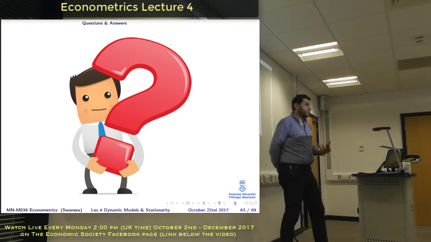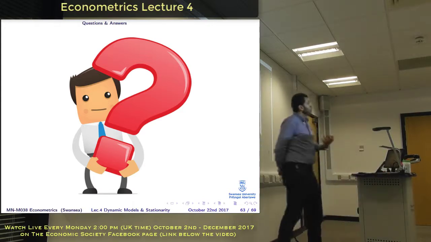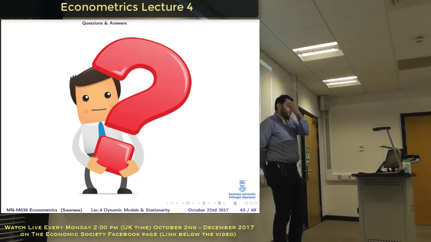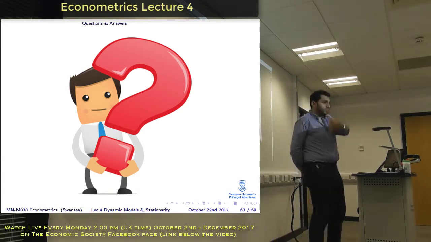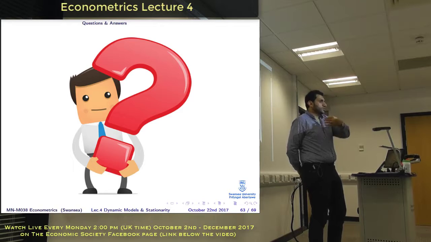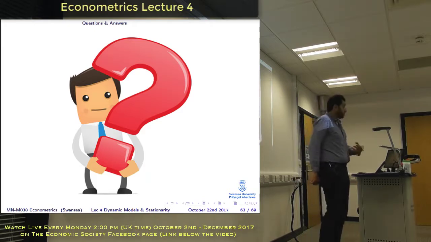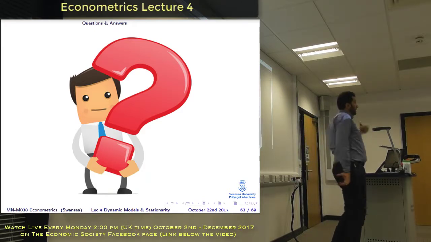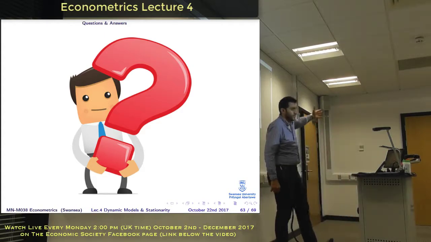A very popular example we discussed is the permanent income hypothesis of Milton Friedman, where consumption expenditure in time t doesn't depend only on disposable income in time t, but also disposable income in time t minus 1, t minus 2, and up to, as they estimated, 16 lags.